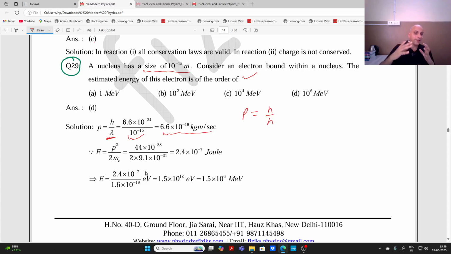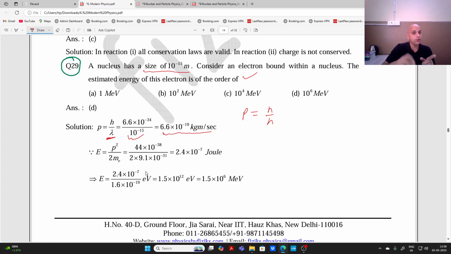When we are looking at the wavelength of the nucleus, the wavelength should be at least equal to this size, or it should be less than. Otherwise, it is not possible that the nucleus has that wavelength. If the wavelength is greater than the size, then how is it possible that the wave can represent the nucleus?